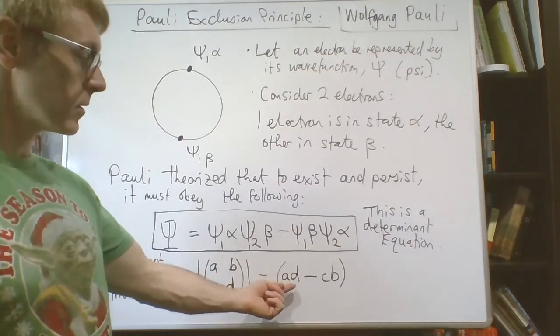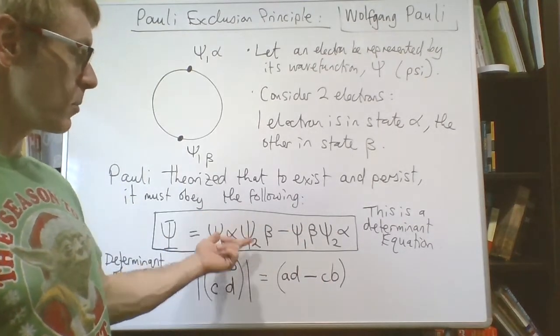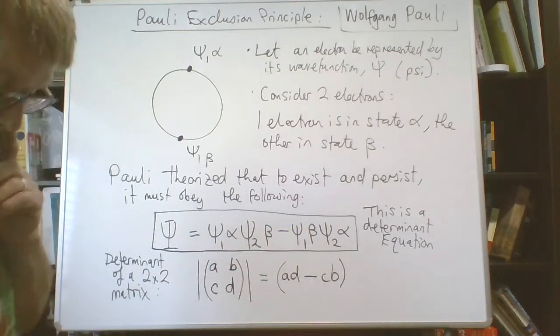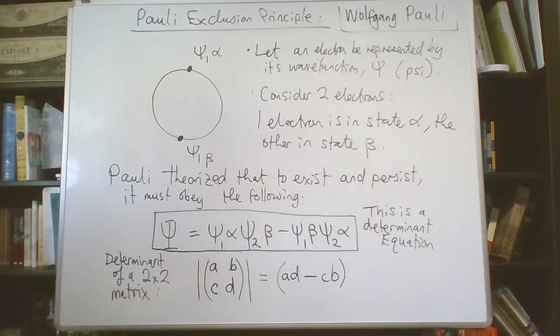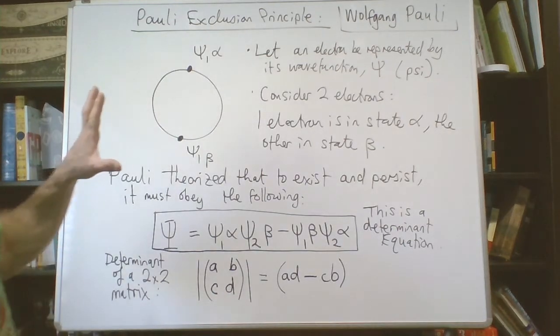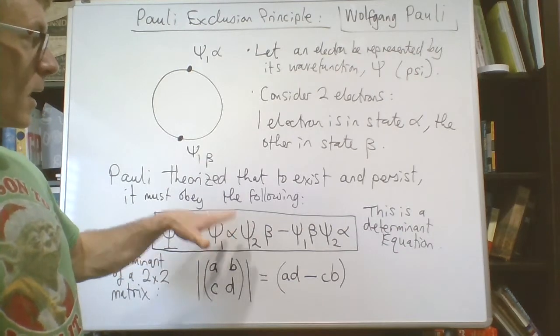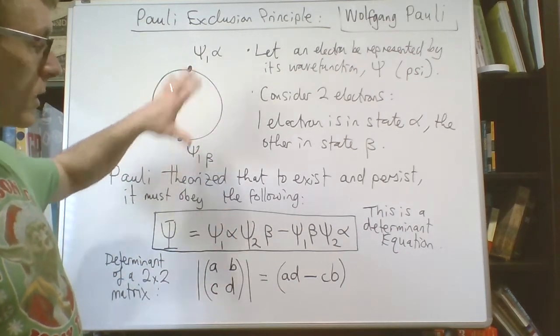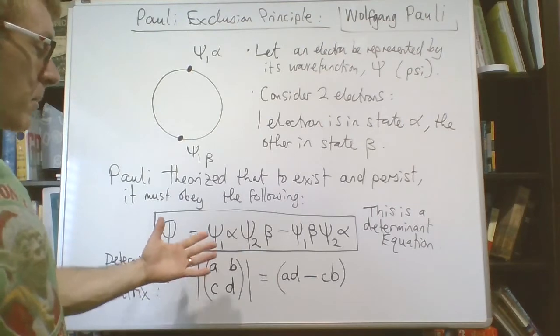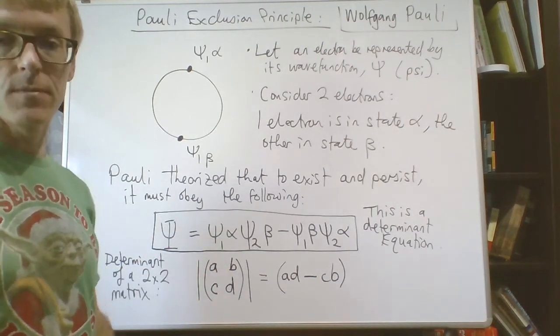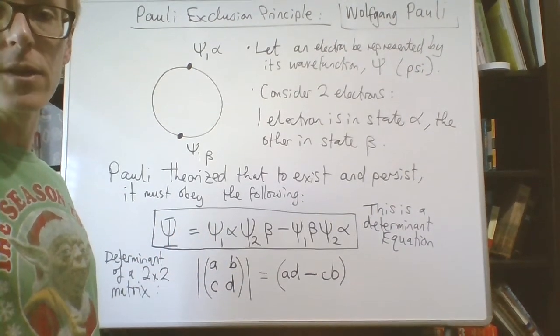We've got a product minus another product. And in a second, I'll erase the board and we'll write our system here, our 2 electrons, as a matrix equation, so we can really get a grasp on what this equation is.